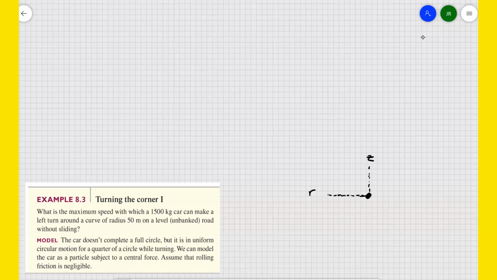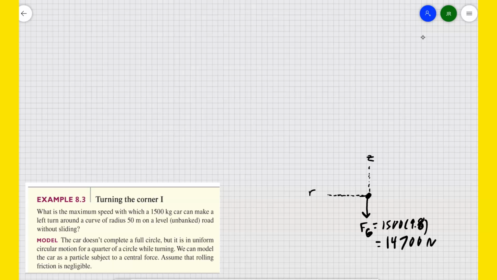So we have what acting on this object? We have gravity, and that gravity is going to equal mg, which is 1,500 times 9.8, which is 14,700.